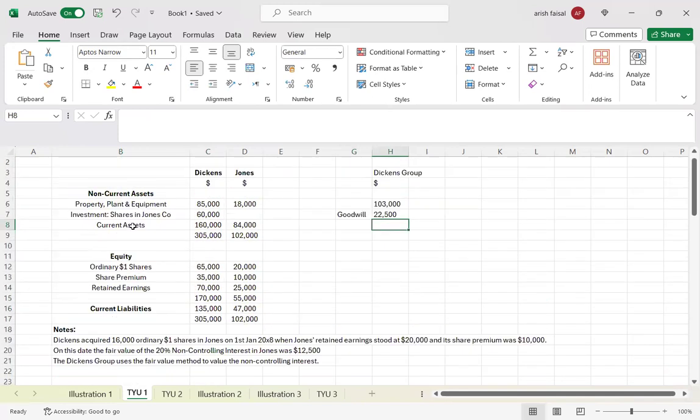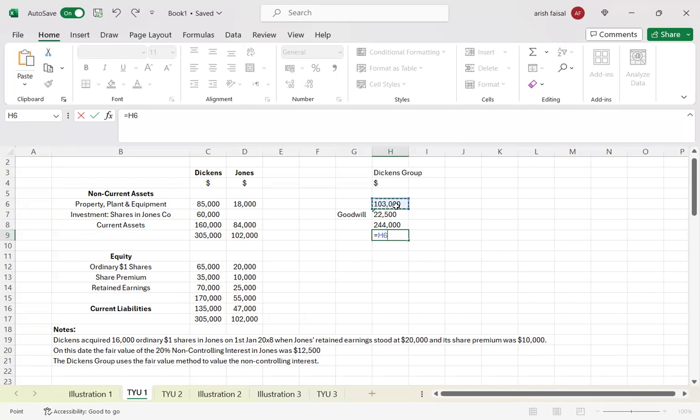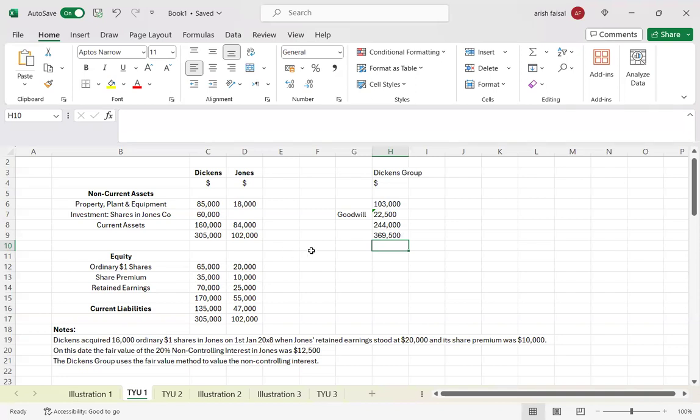Okay. Current assets, we simply need to add them. So 160 plus 84, we get a total of 244,000. And the total value of the assets would be the sum of the 103, 22,500 and 244,000. So the total value of the assets turns out to be 369,500.